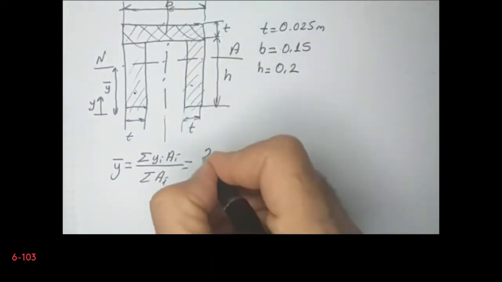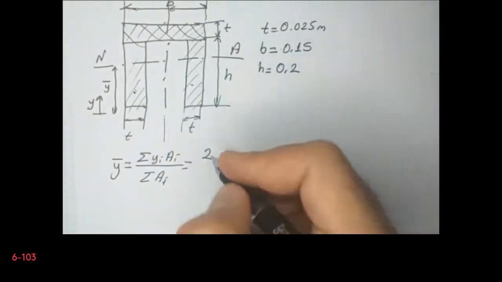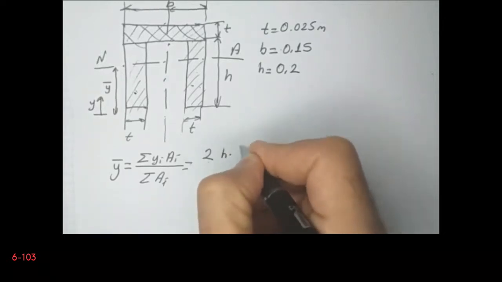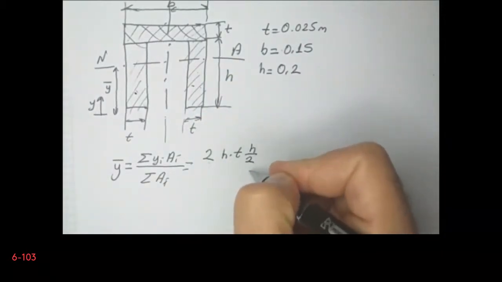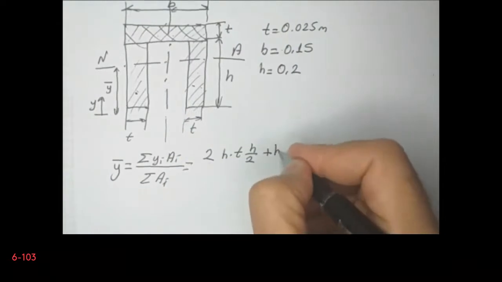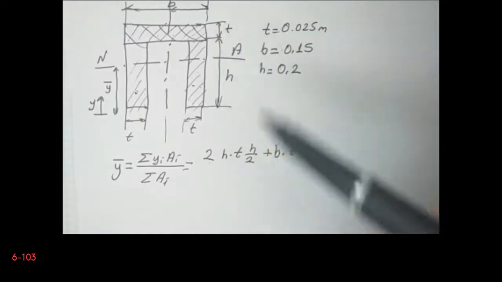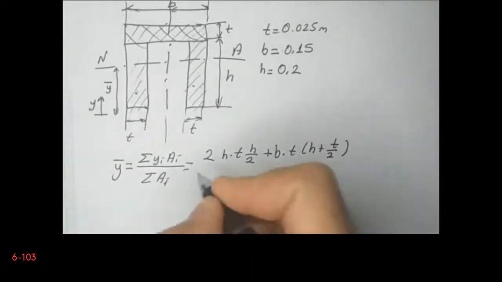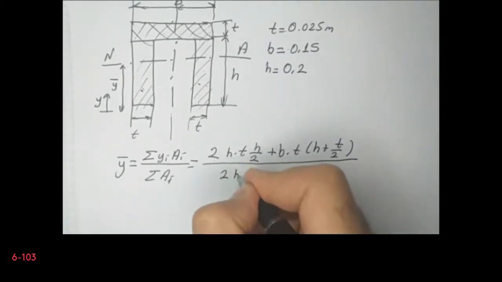h multiplied by t is their area, and their geometric center is located at h divided by 2, plus this area, this is b multiplied by t, and its geometric center is located at h plus t divided by 2, and the total area is 2h multiplied by t plus b multiplied by t.